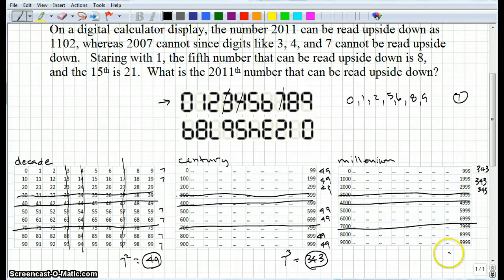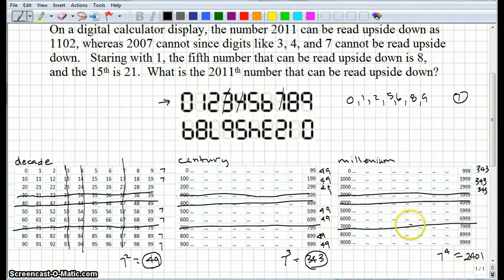So we end up getting 7 times 343, or 7 to the 4th, which is 2401. So if we were to add up all of the numbers all the way to 9,999, we'd have 2,401 numbers.